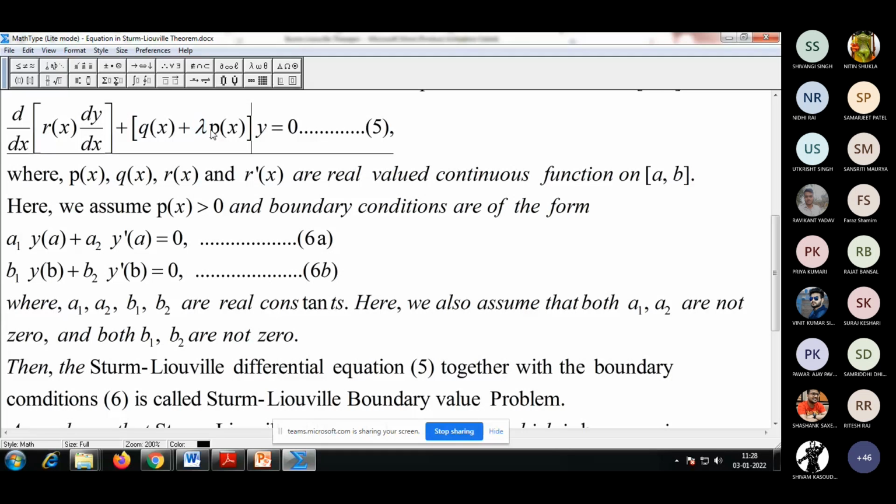The value of lambda for which this differential equation will have a non-trivial solution is called the eigenvalue, and the corresponding solution will be the eigenfunction. So our aim is to find the value of lambda which will give us the non-trivial solution of this differential equation. Okay, so just a minute, wait a minute.